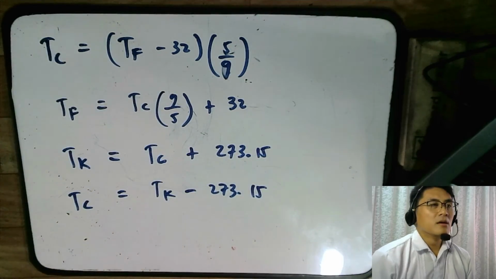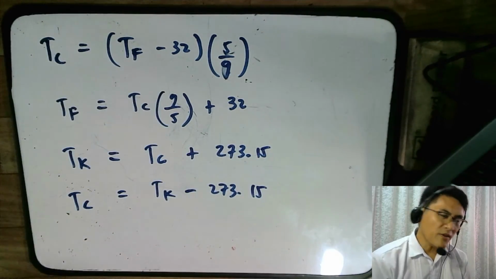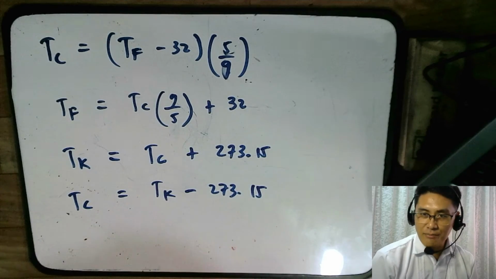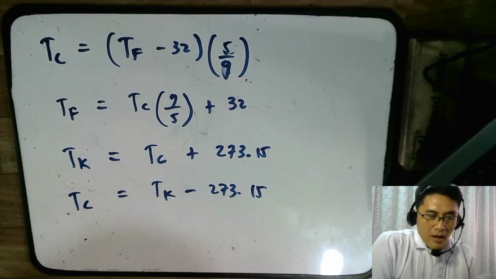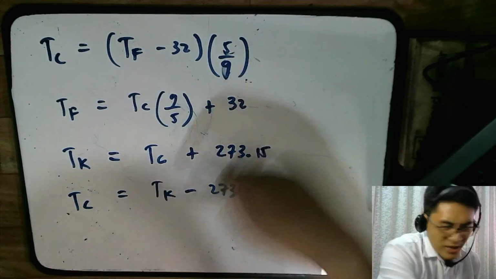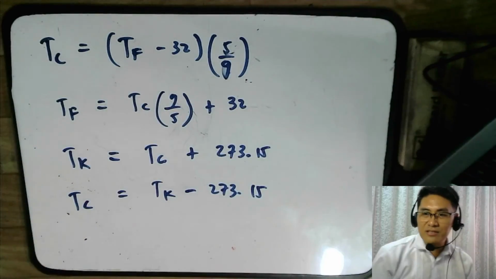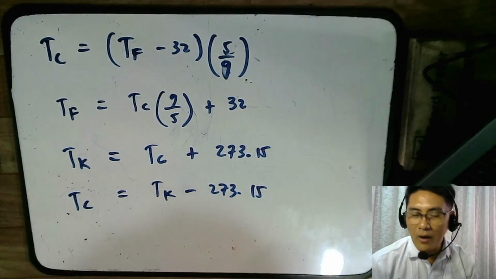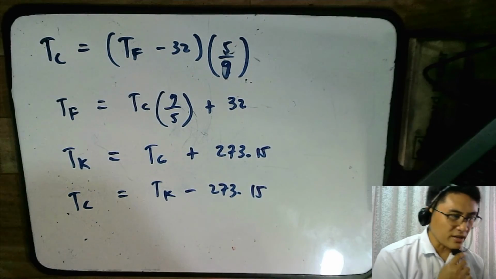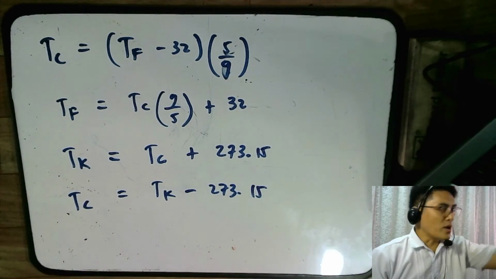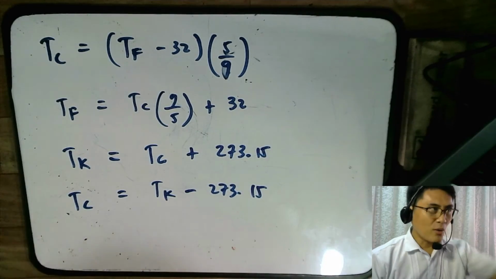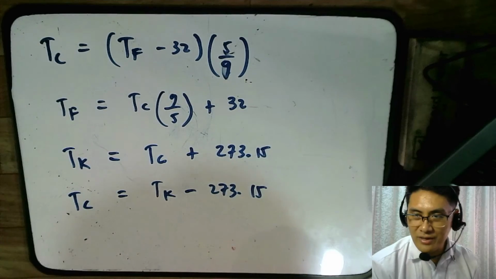But again, it's actually useful if you understand the temperature scale by heart. If you understand the temperature scale by heart, you can just derive this from what you know. Okay? All you need to learn is 0 degrees Celsius is 32 degrees Fahrenheit, and 100 degrees Celsius is 212 degrees Fahrenheit.